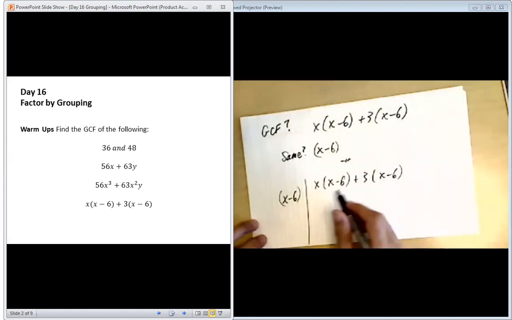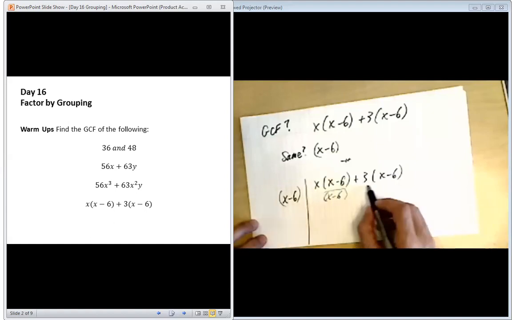Yeah, well, watch. What we do each time from before is we divided, right? Okay, so I'm going to show it this time. Divided by x minus 6. Divided by x minus 6, just like our other warm-up question. See? What do you notice here and here? They're dividing. They're the same things, right?